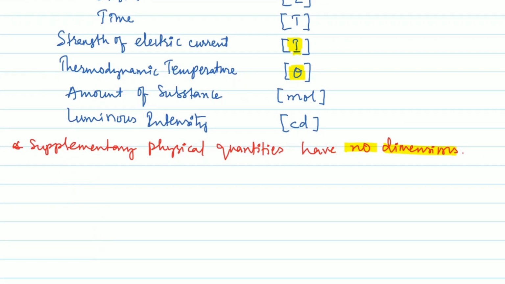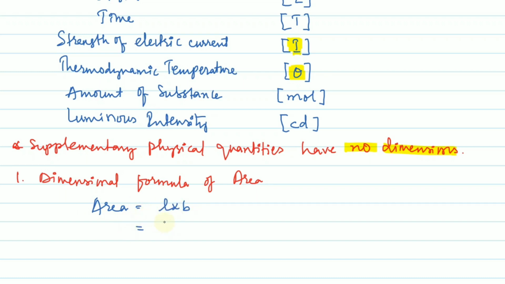Okay, the first example is the dimensional formula of area. Let's see what is the dimensional formula for area, right? So we know that area is equal to length into breadth.